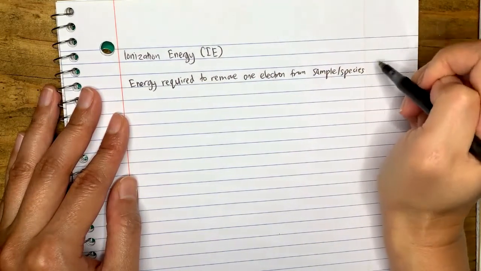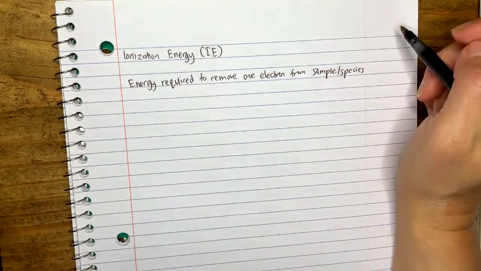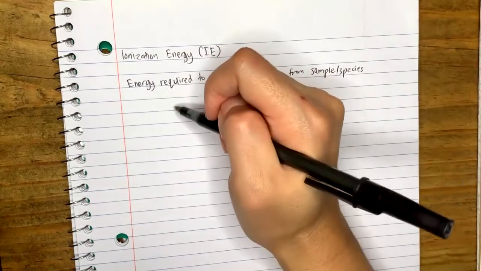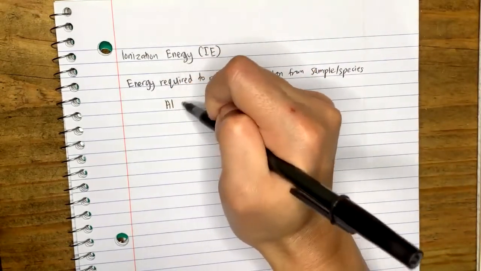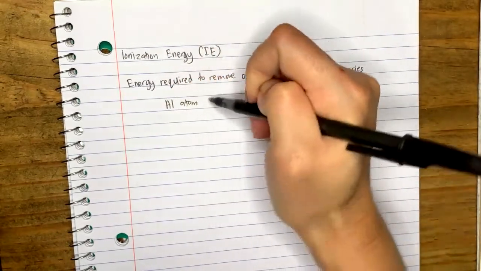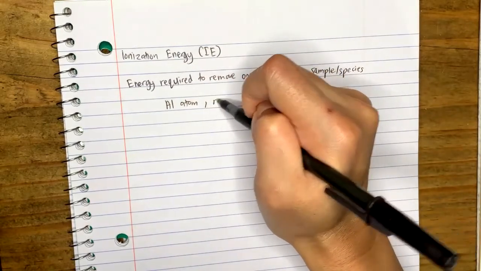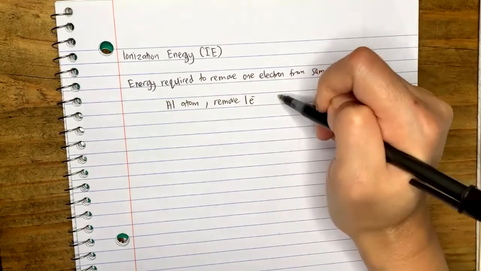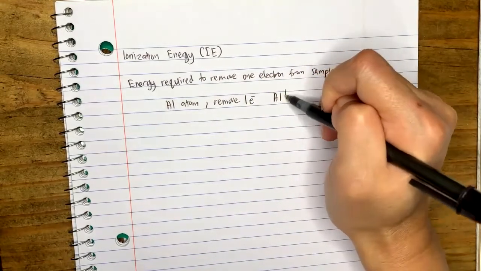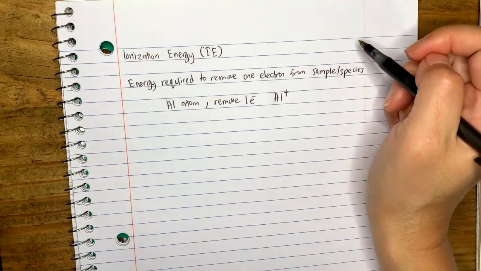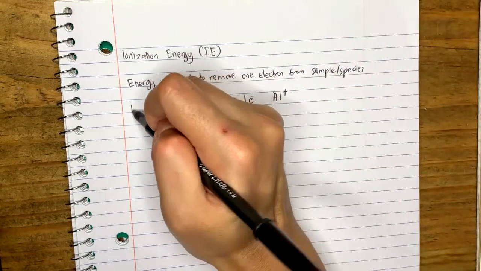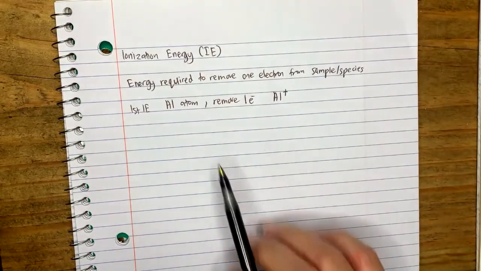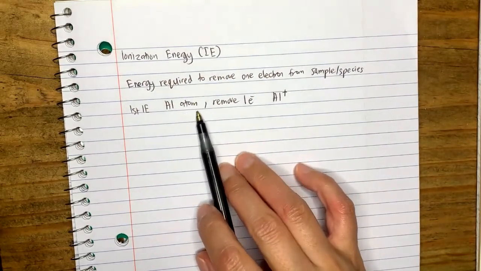It could be an atom, could be an ion. The first level is removing it from an atom. So for an Al atom, you remove one electron, and when you remove the one electron, you make Al plus. Okay, so that's the first IE, the description.